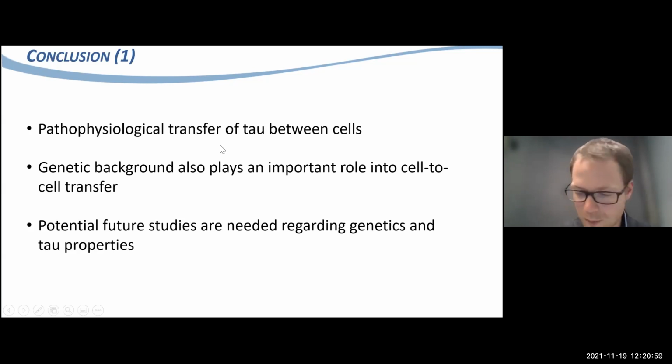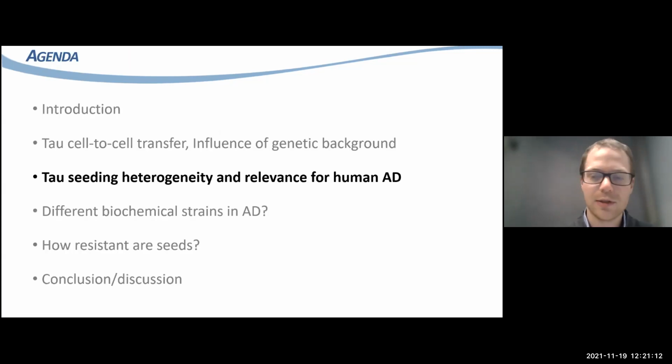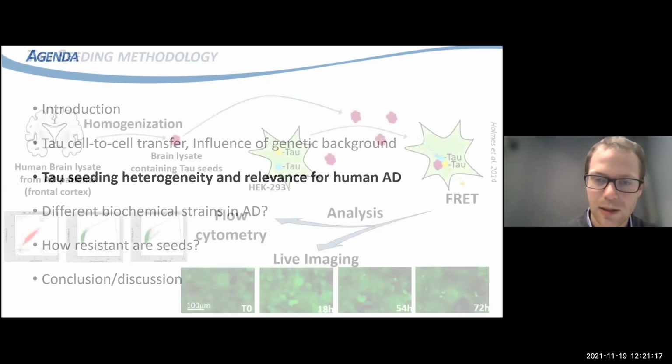But of course, on this particular cohort, it was not possible to pinpoint the actual genetic factors that lead to that. So future studies really need to address that. So let's go to the second part of my talk.